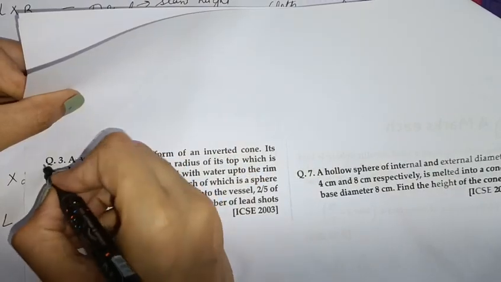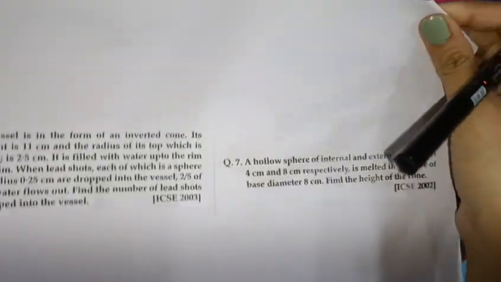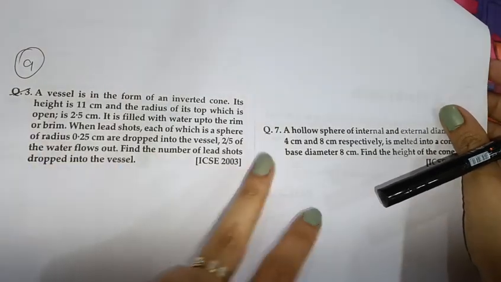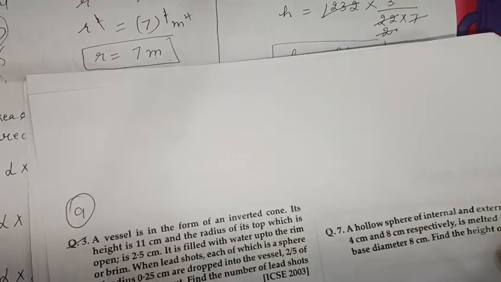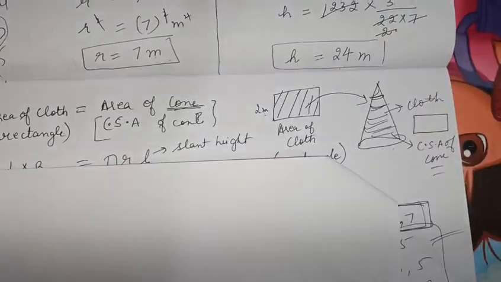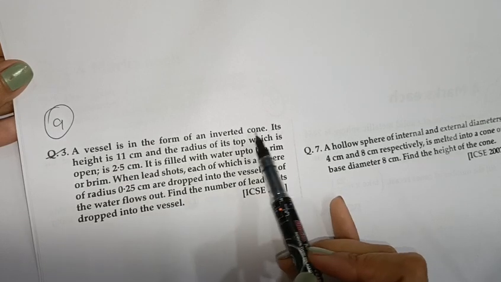So this question will be our 9th question. Randomly I selected a few questions from the previous year paper. That's why you can see the numbers are also a little different. So 9th question. A vessel is in the form of an inverted cone.